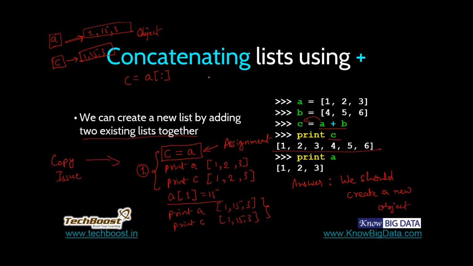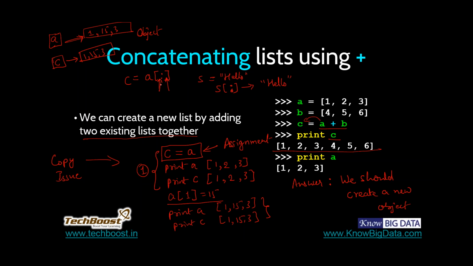What this does is it gives you all the elements, because we have missed the start point and we have also missed the end point. In the case of strings, if hello is your string and you say s of colon, what is the output? Hello, the complete string, isn't it? The same is the case with lists.